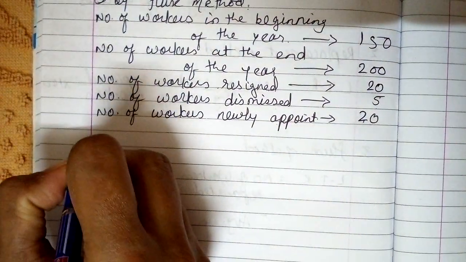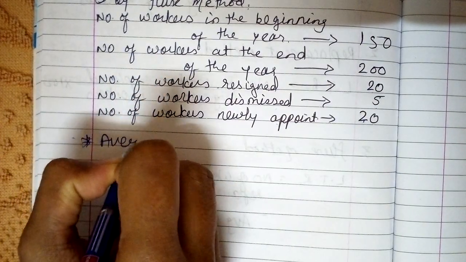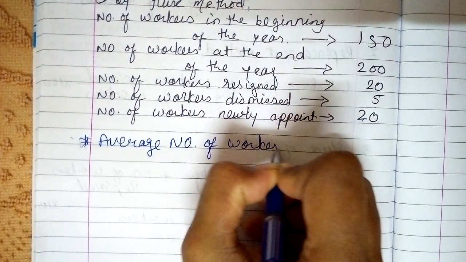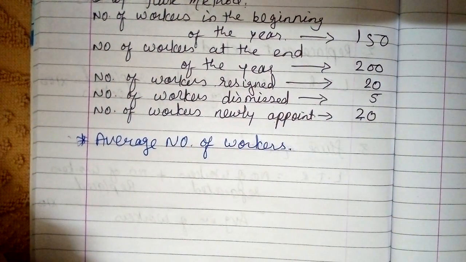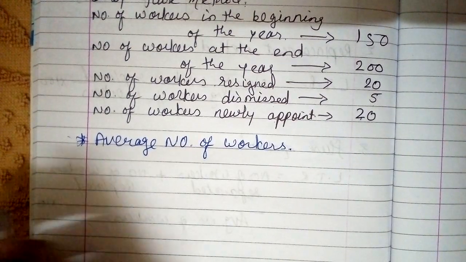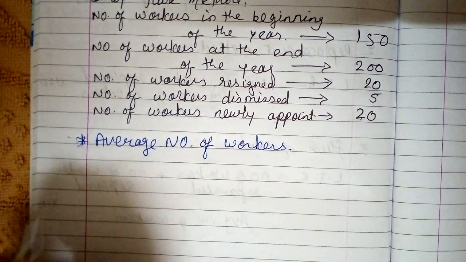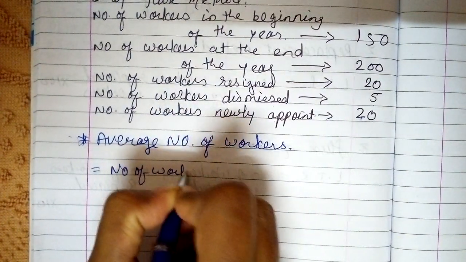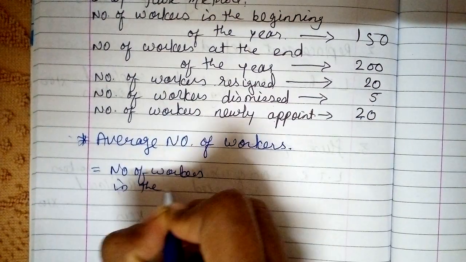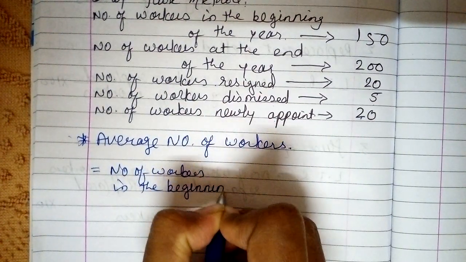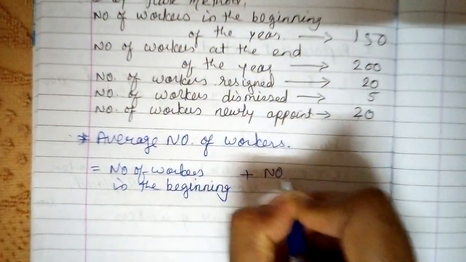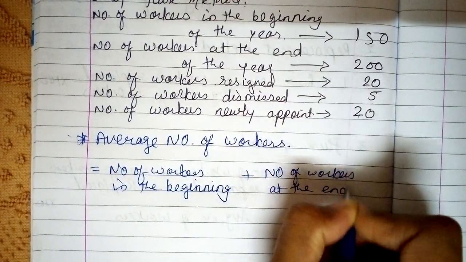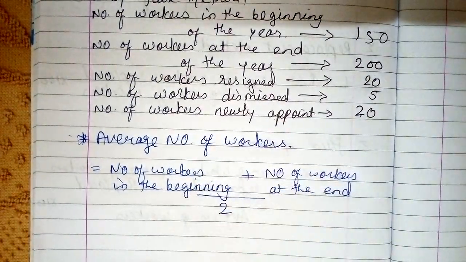Alright, starting with the first, to calculate the average number of workers. We will always find this first and then move forward with the formula, because average number of workers will be needed in each of the formulas. The formula is number of workers in the beginning plus number of workers at the end divided by 2.